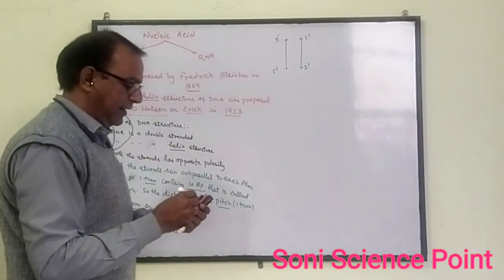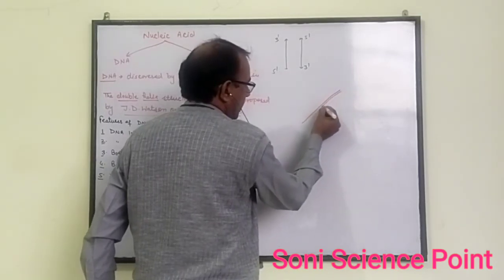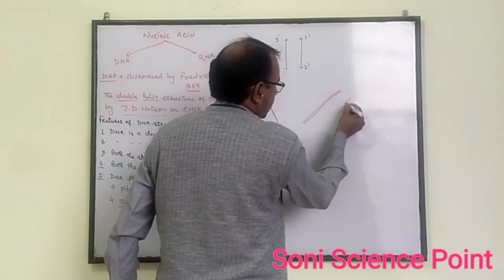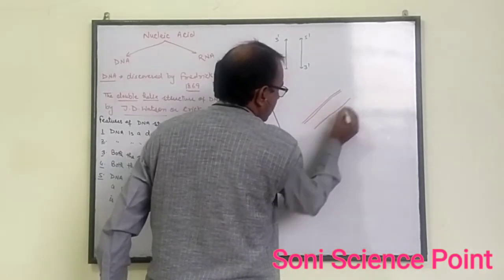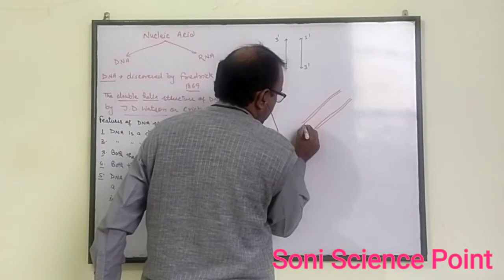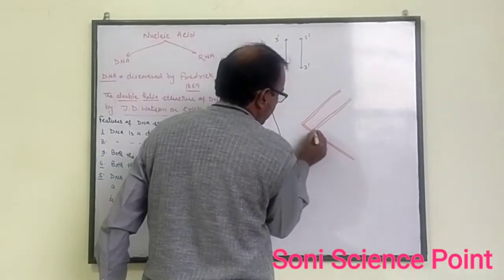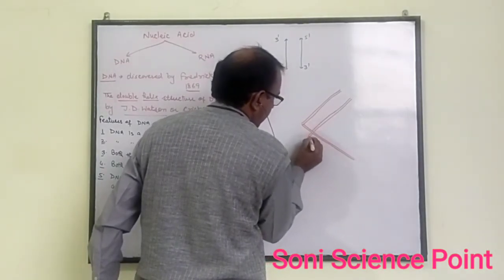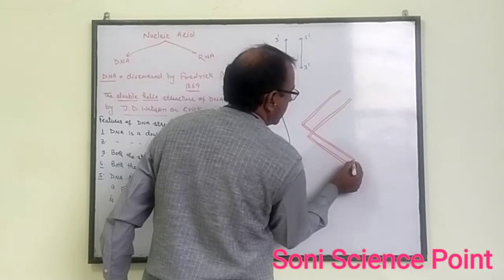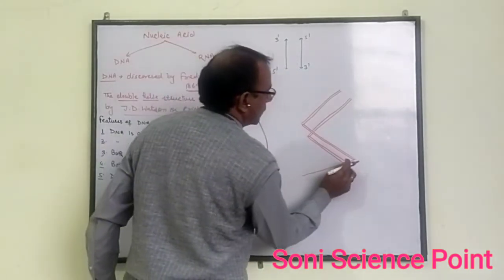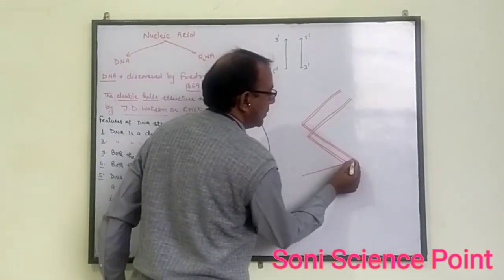Firstly, draw the structure of DNA. As you know, DNA is a double helix structure. Suppose the single strand, and this is the second strand of the double-stranded structure. One strand comes back here and it forms a structure like this, because from here it comes down and here it goes to the upper side.